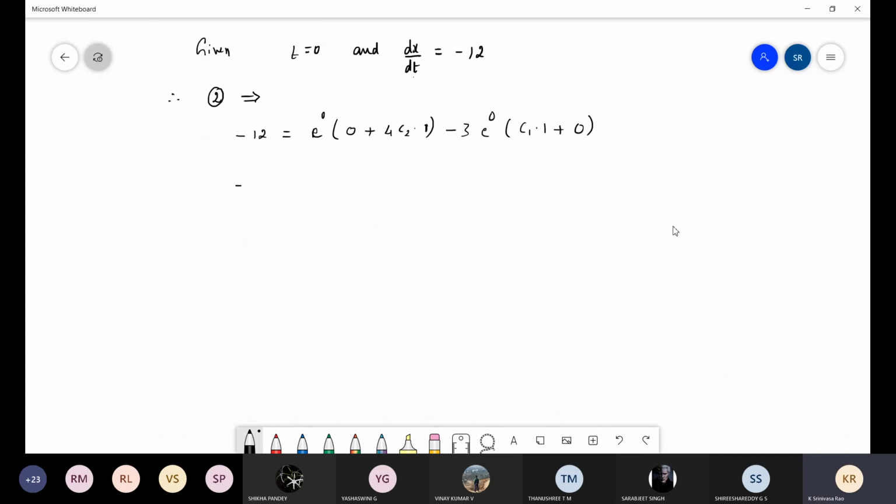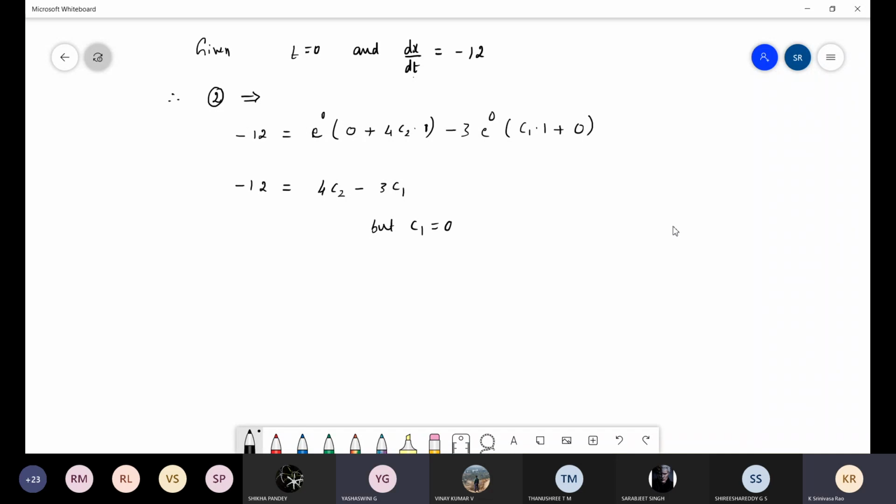What will you get? Minus 12 equals 4C2 from the first term, and from the second term, minus 3C1. Is it right? But what is C1?